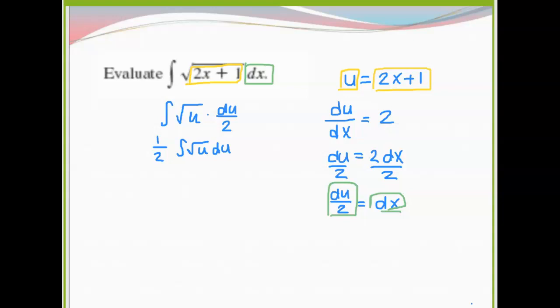So you get 1/2. Square root u is u to the 1/2, so reverse power rule says you add 1. Divide by your new exponent.